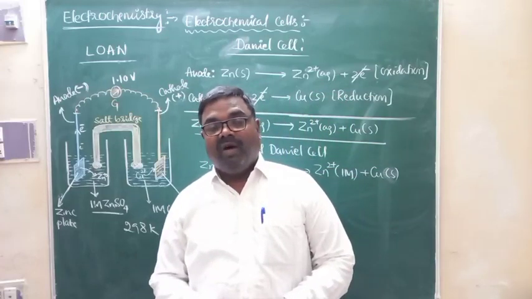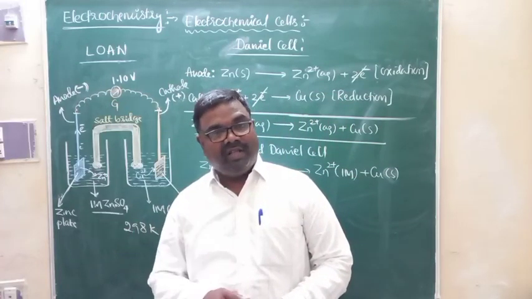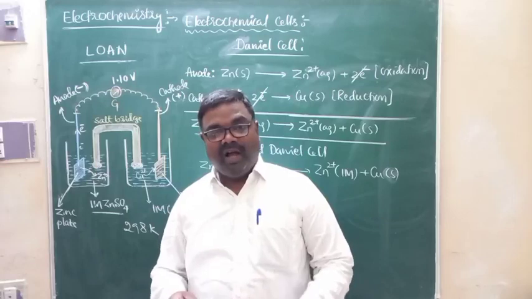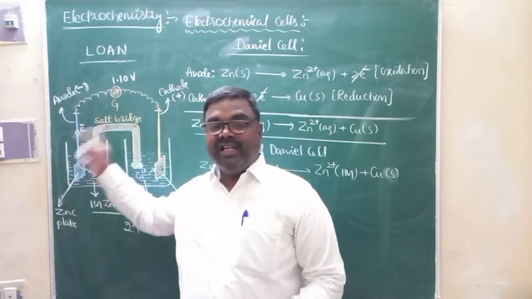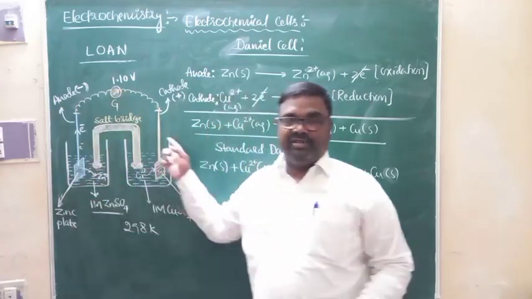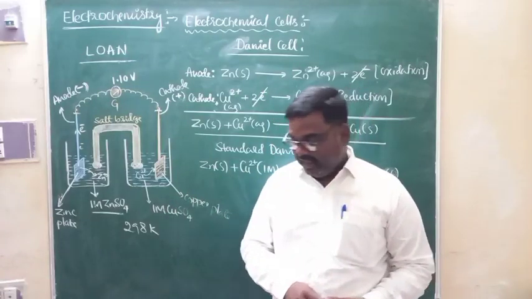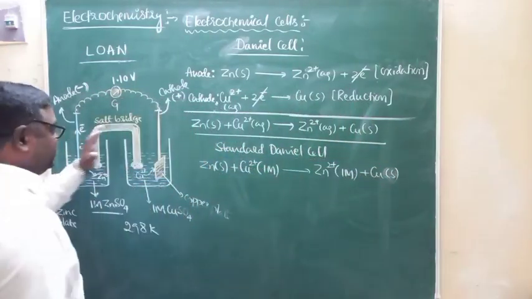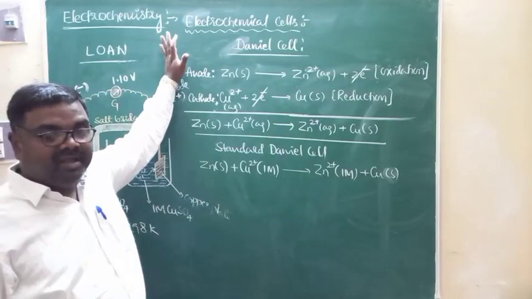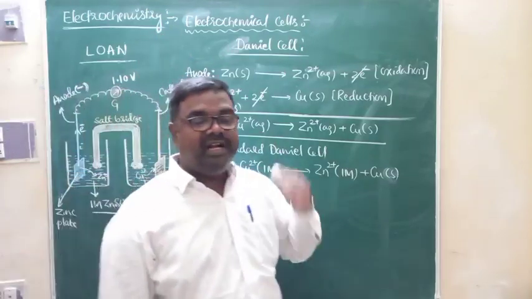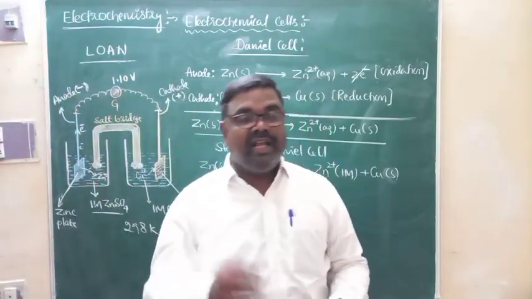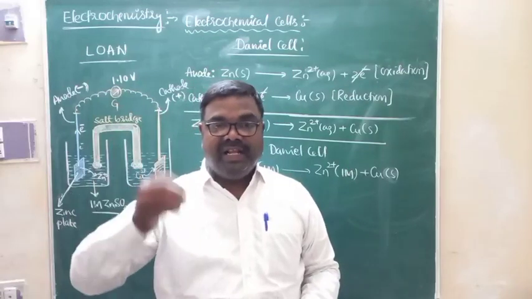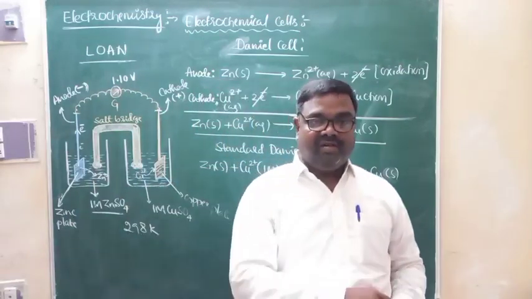The next question: why is there oxidation at zinc electrode? Why does oxidation take place at zinc electrode when it is connected to copper electrode? The reason is, electrode systems have their own tendency of losing or gaining electrons when a metal is placed in a solution containing its own ions.